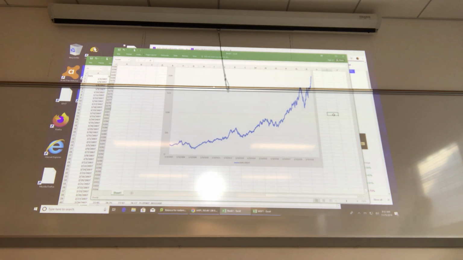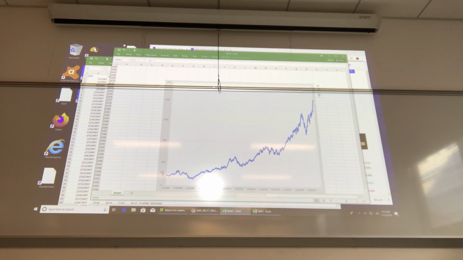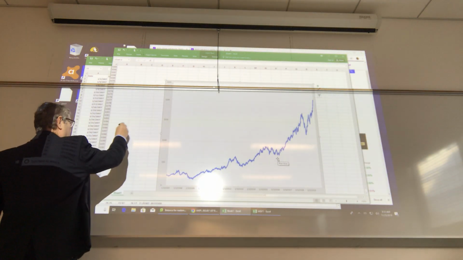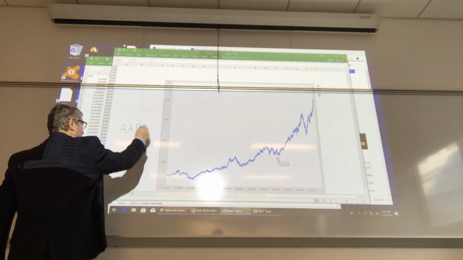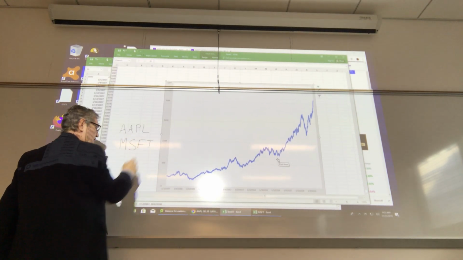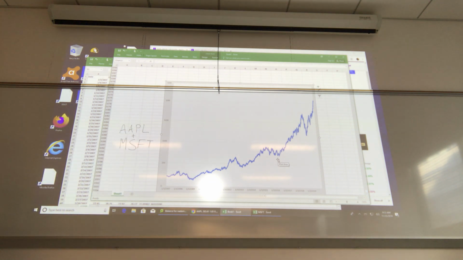What kind of data did I use? I use exactly the same data that I saw in today's Wall Street Journal. I use them a little bit different. The Wall Street Journal takes the Apple, AAPL, and the Microsoft, MSFT, prices and adds them up together and makes an index.